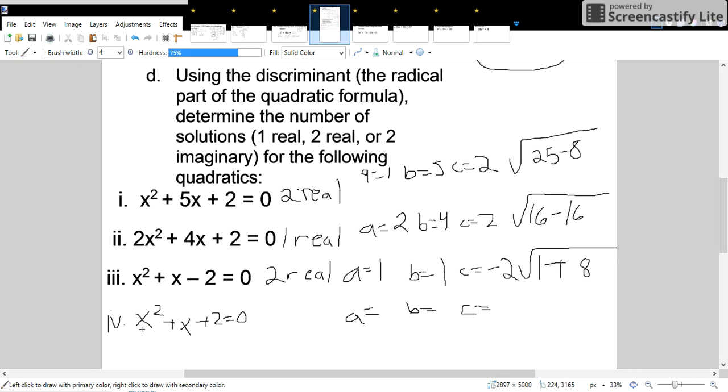So a is 1, b is 1, and c is 2. So we're going to plug it in. So b squared is 1, 4 times a times c, so negative 4 times 1 times 2 would be a negative 8. Now 1 minus 8 will be a negative number, so that means that we're going to have 2 imaginary roots.